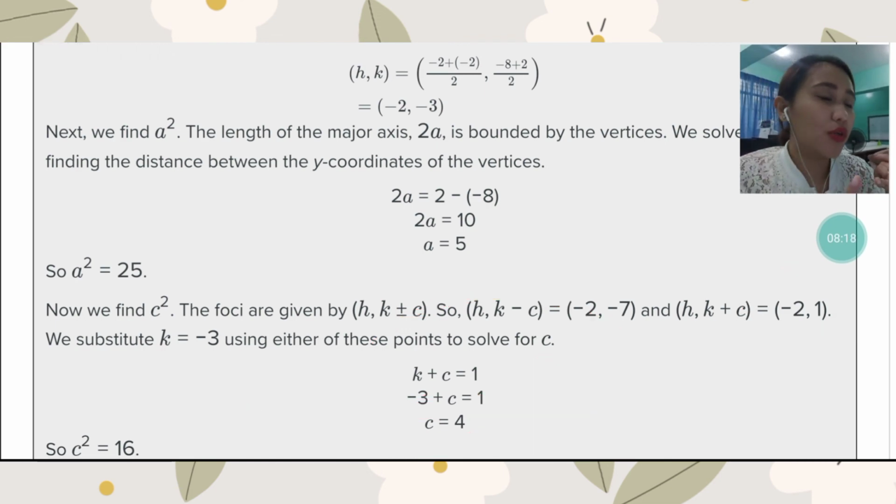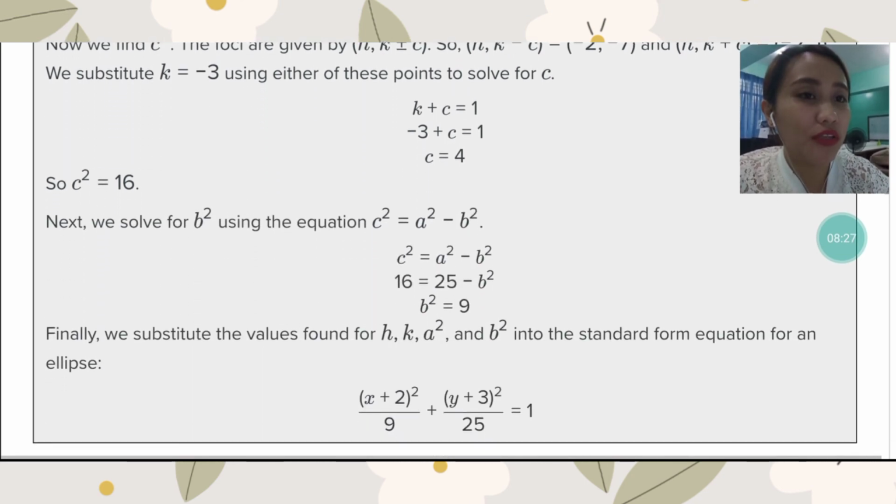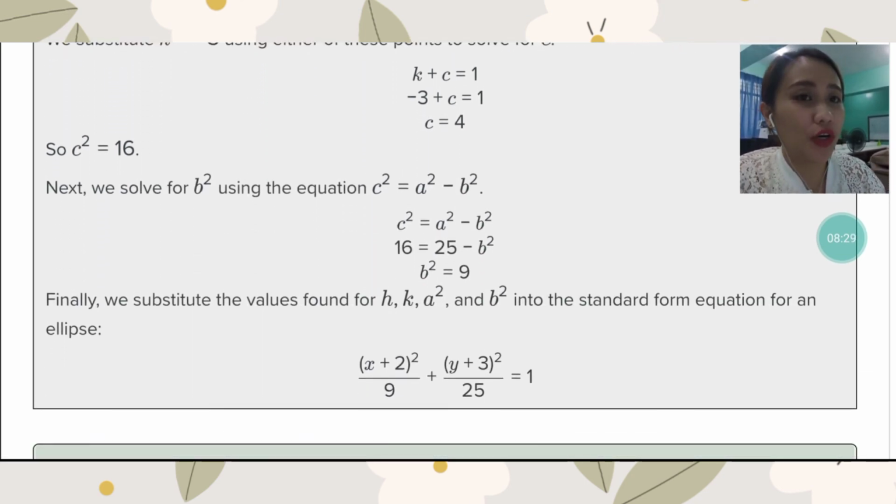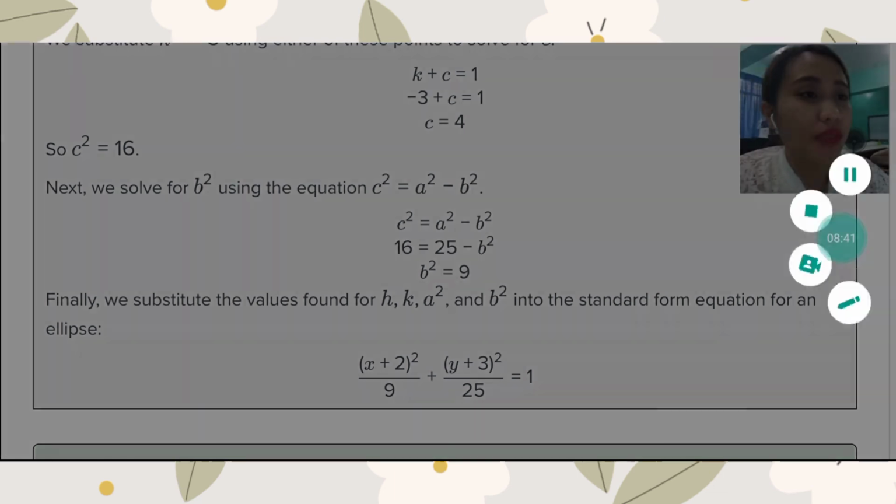So we already know the value of our center. We already know a squared, c, and c squared. What's remaining is for us to solve for the value of b squared. Since that's the only value missing, we can use the formula which we have used earlier. c squared is equal to a squared minus b squared.